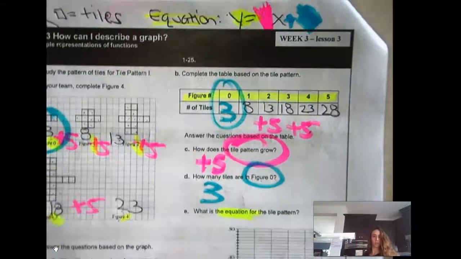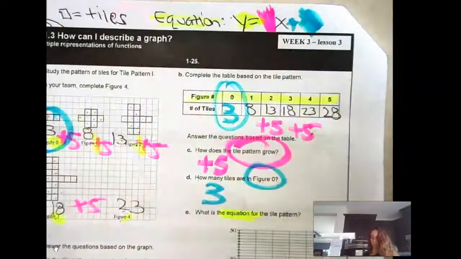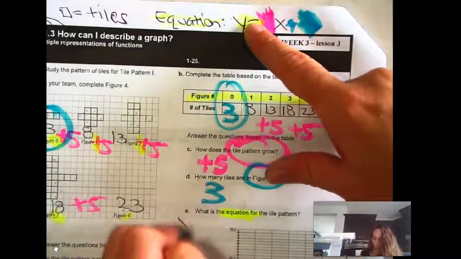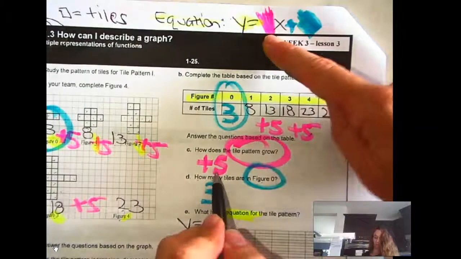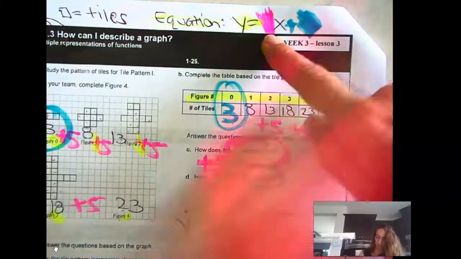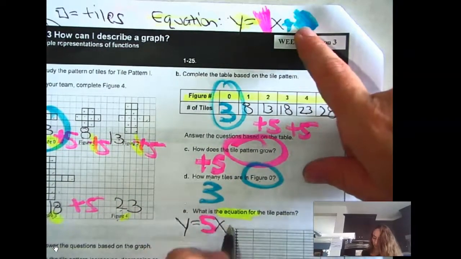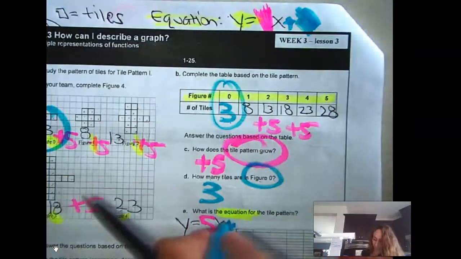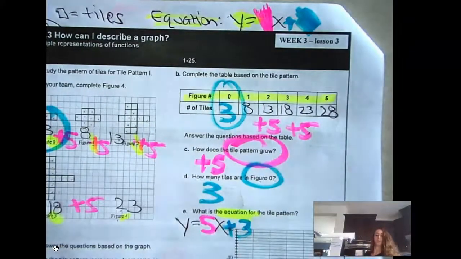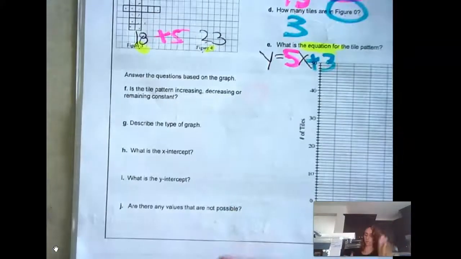Okay? So let's use that. Let's lower that a little bit so we can actually see it. So equation, y equals pink 5, and what comes next? x. And then next, plus 3. Done.